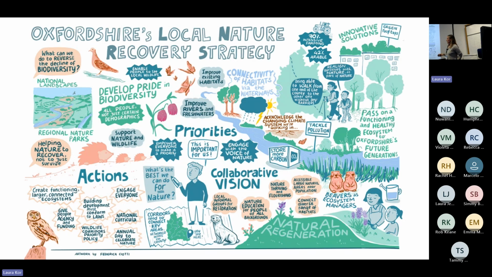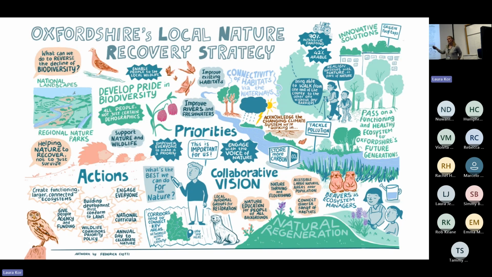The other thing that we did do in our consultation point was ask people what was important to them, and this is a key part of being able to build in that democratic ambition, local-led process. So key things that I took away from this one, well, the whole lot, but the connectivity of habitats via the waterways became particularly important.